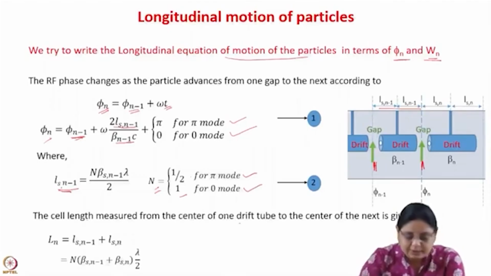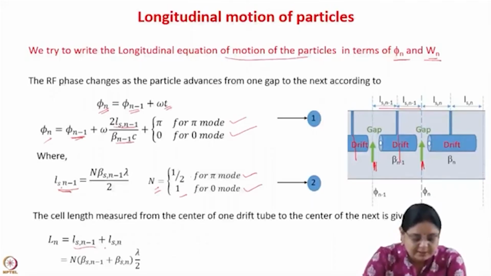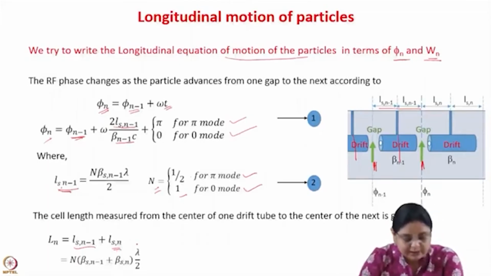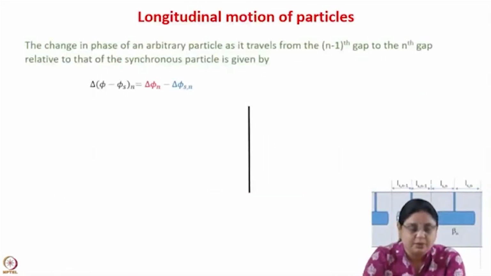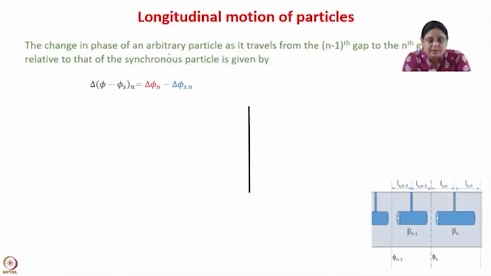Also the cell length measured from the center of one drift tube to the center of another drift tube can be written as ls n minus 1 plus ls n. And then we can put in the values of ls n minus 1 and ls n. Now we want to calculate the change in phase of an arbitrary particle as it travels from the n minus 1th gap to the nth gap with respect to the synchronous particle.